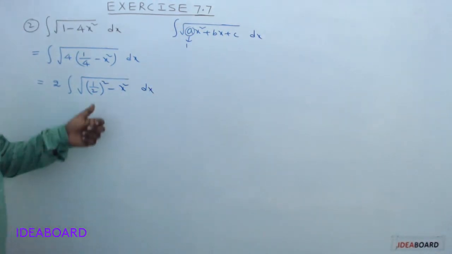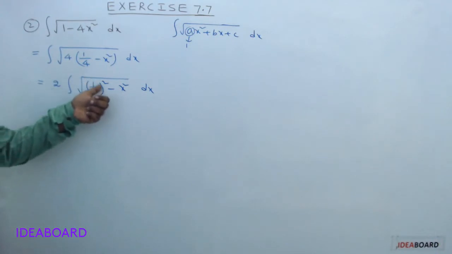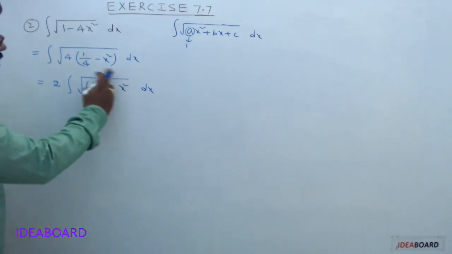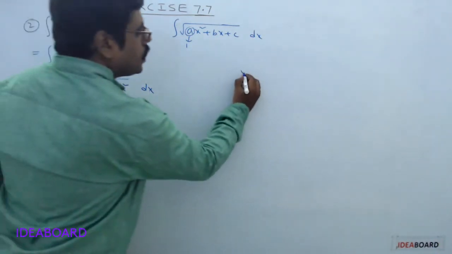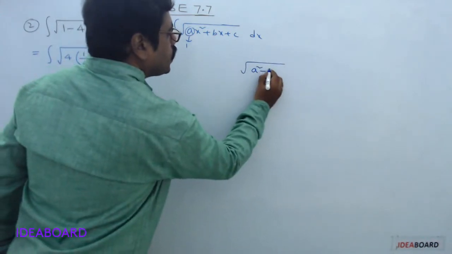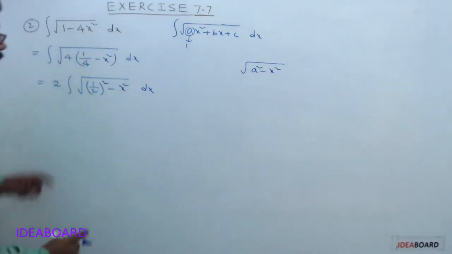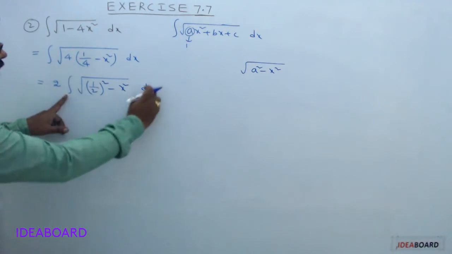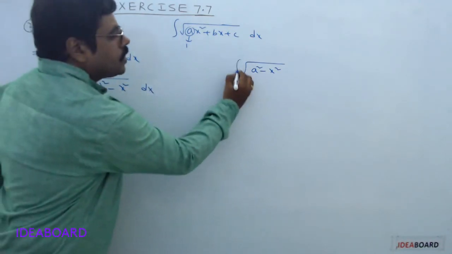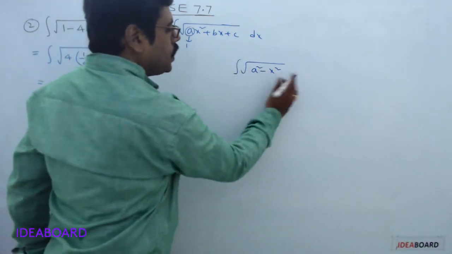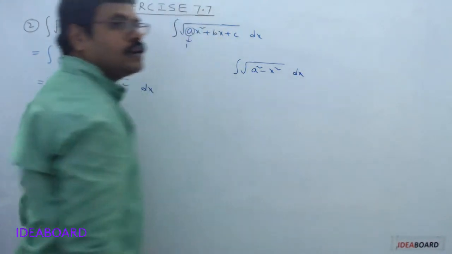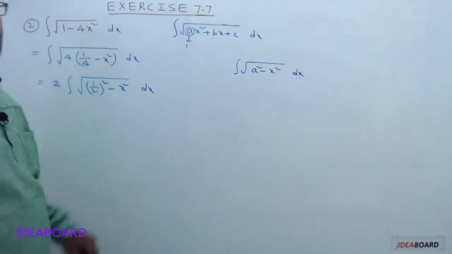Now here if you consider 1 by 2 as a, this term is of the form square root of a square minus x square. This entire term is of the form integral square root of a square minus x square dx. What is its formula?